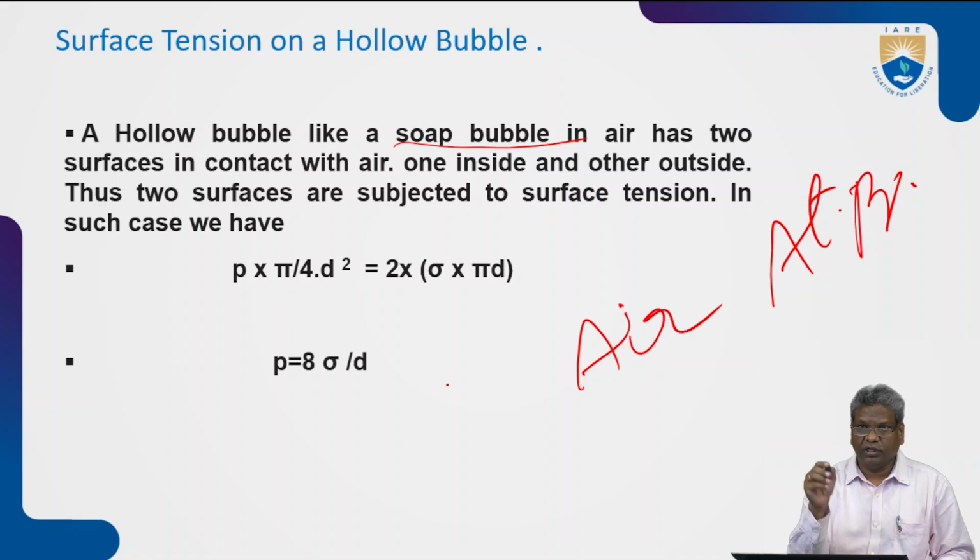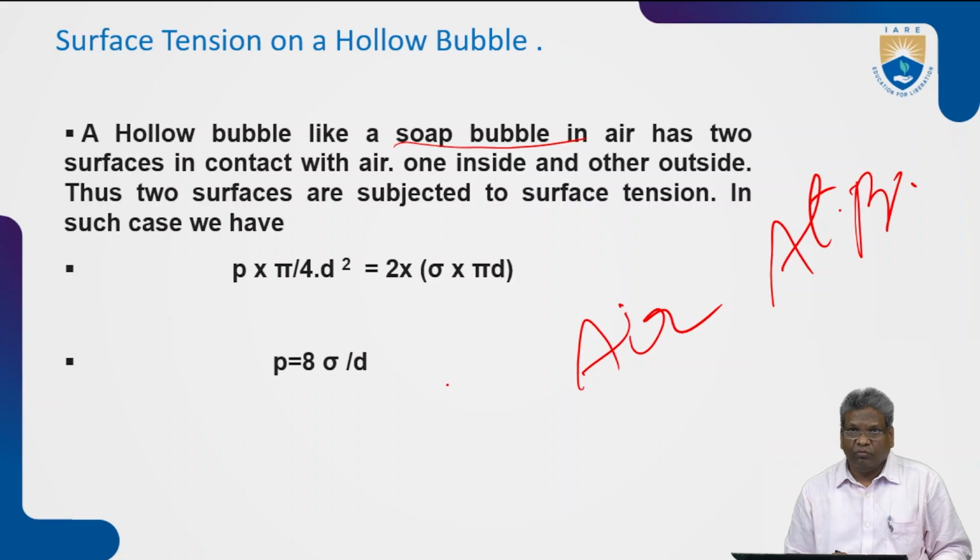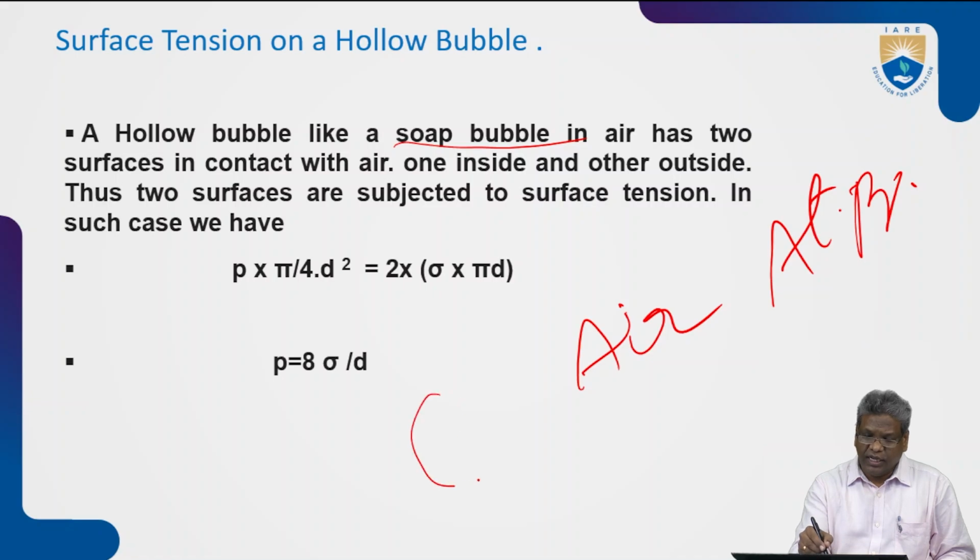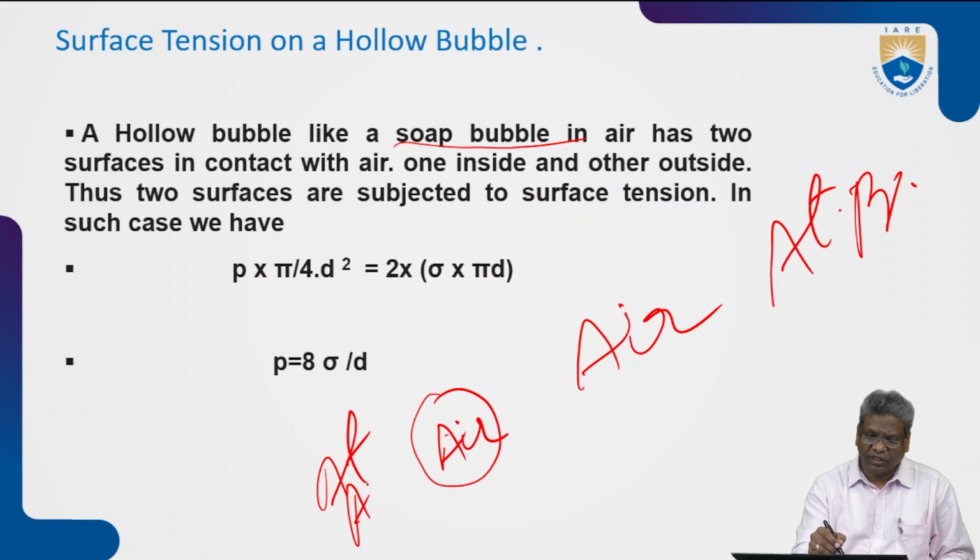A soap bubble is generally used by children, right, in a circus or somewhere they will buy and blow the soap bubbles. If you observe carefully, inside is air, as well as outside is atmospheric air.